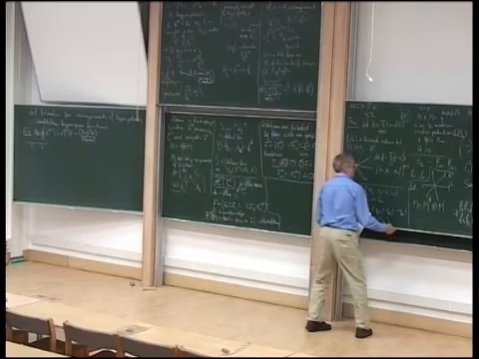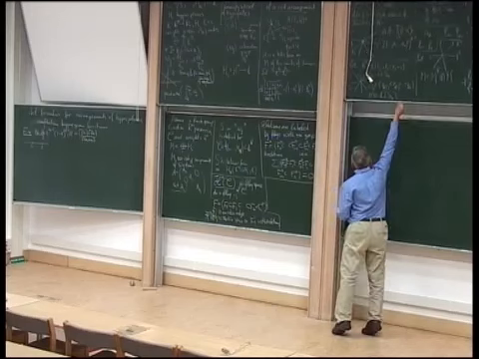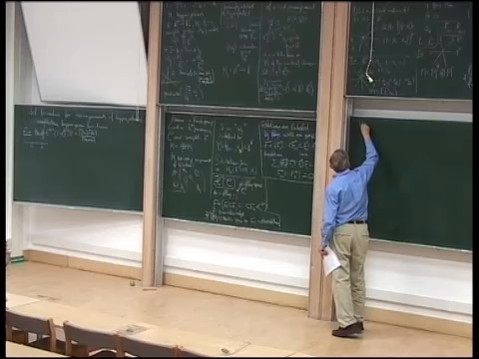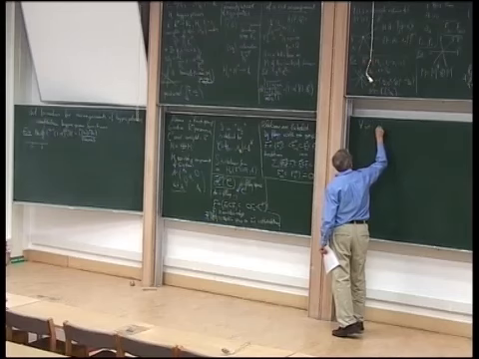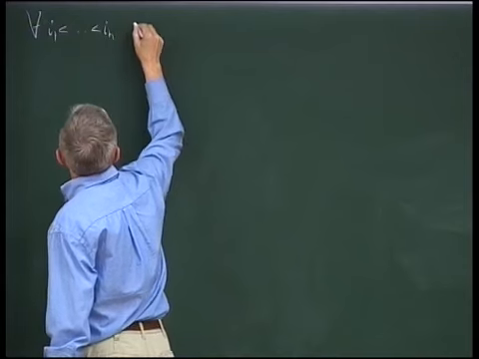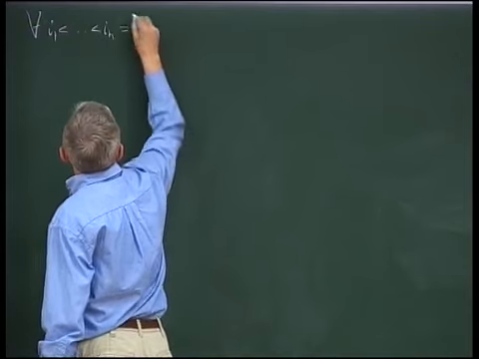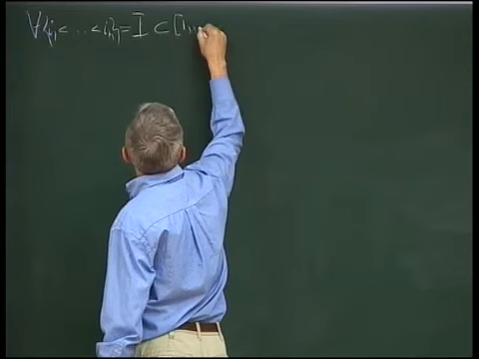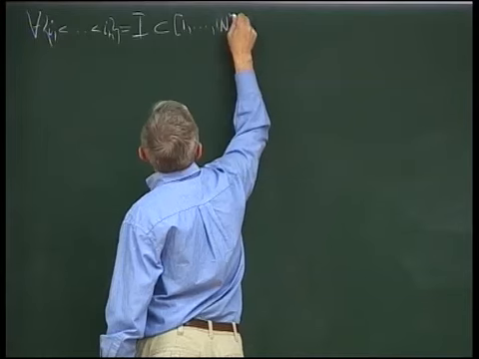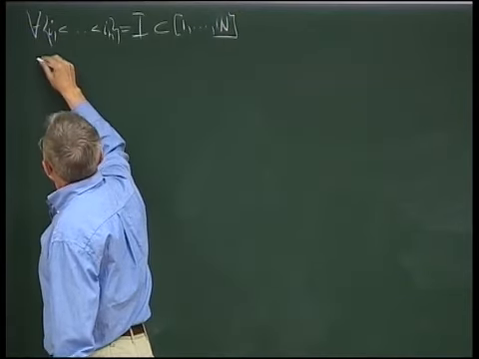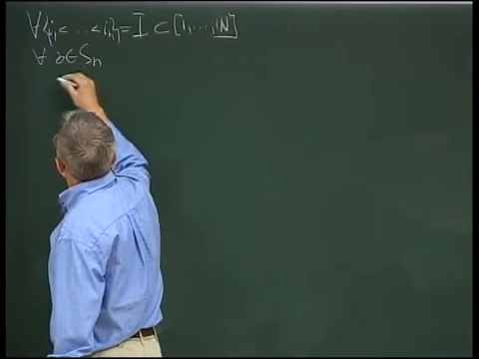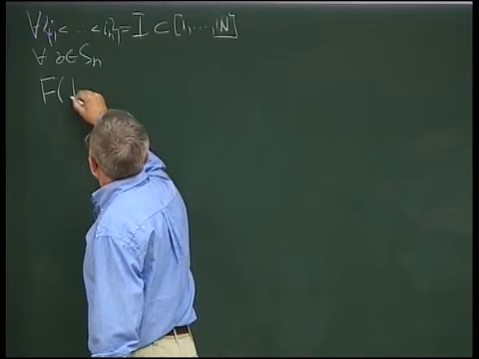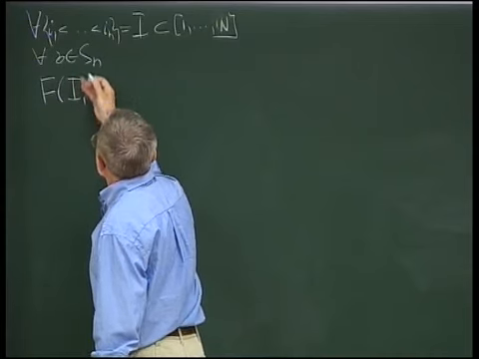The bilinear form on it is defined as follows. One more step. Assume that you have any collection of n indices i1, ..., in in the set of indices from 1 to n, and any permutation sigma in Sn. You consider the flag related to this I and this sigma.